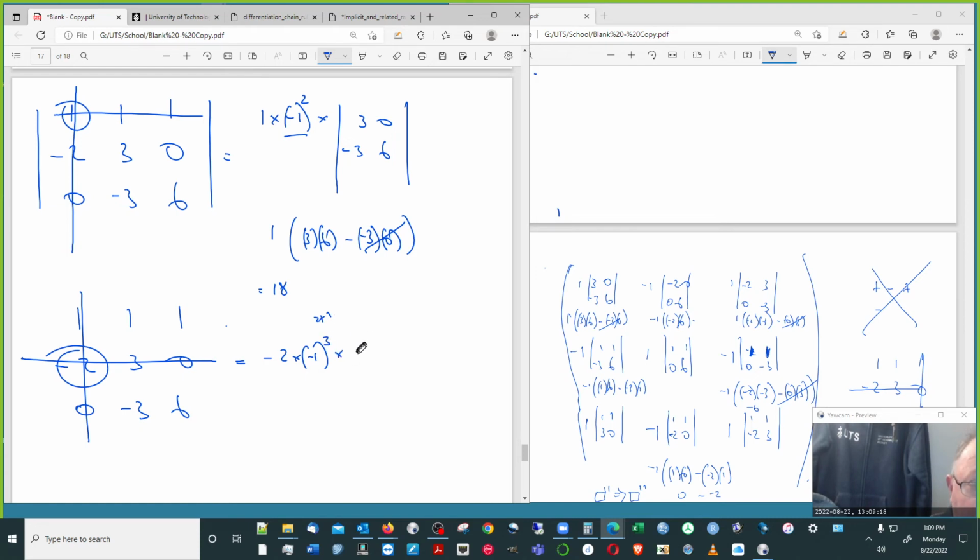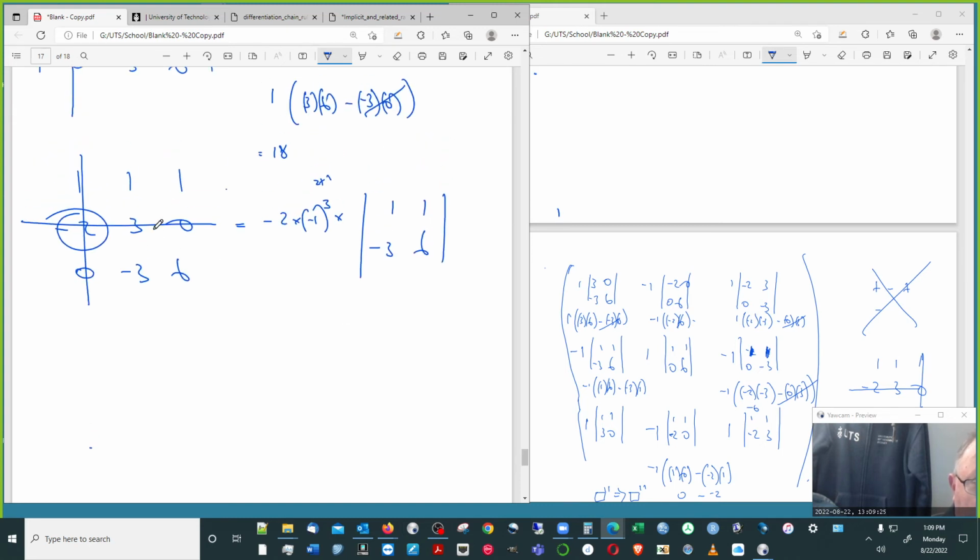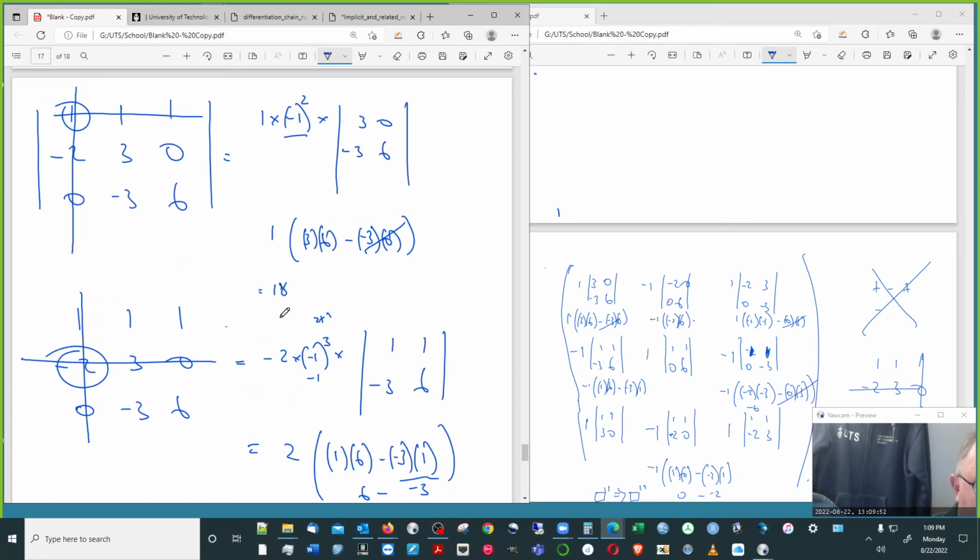Okay, and then I've got my 1 1 minus 3 6, so I get -2, that's a -1, minus times a minus is a plus, so it's 2 1 times 6 so we get -3, 6 minus -3, 6 plus 3, which is 18. So it's another plus 18. So we're going to add those together.